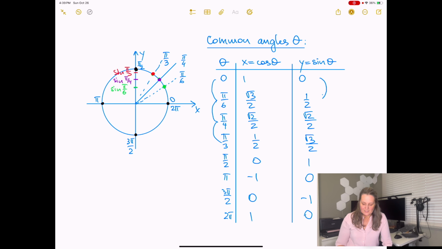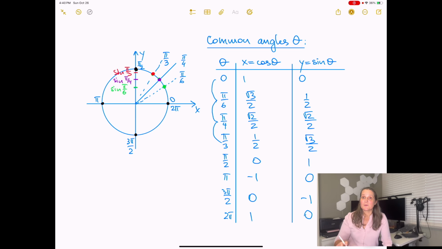But every next sine looks like the square root of either 1 over 2 or square root of 2 over 2 or square root of 3 over 2. So as we go from 0 to pi over 6 to pi over 4 to pi over 3, our numerator is changing from 0 to 1 to 2 to 3 underneath of the square root.